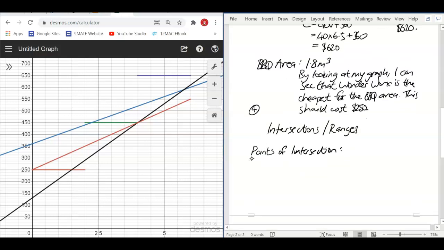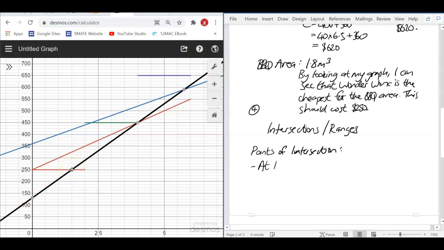And this tells us where the prices are the exact same for certain companies. So if we have a look on the left-hand side, we can see at the point where 1.5 is happening, we can see both the Wonderworks, which is the step graph, and this other graph here, they have the exact same price. So we need to say that.